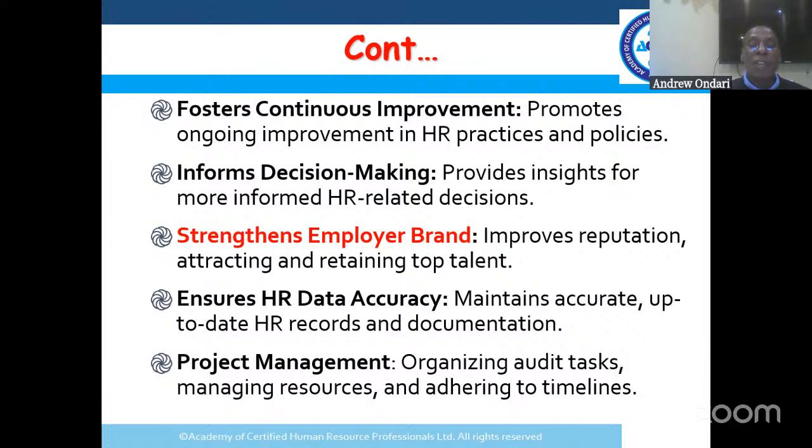Many of us employees would like to work with organizations that pay their employees well, and whose remuneration system is competitive. So an HR audit will identify a competitive compensation and benefit system, which can help to attract those potential candidates or employees.